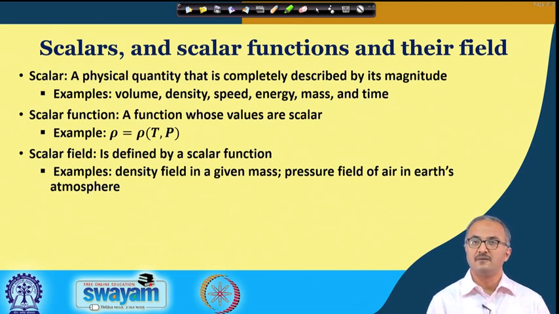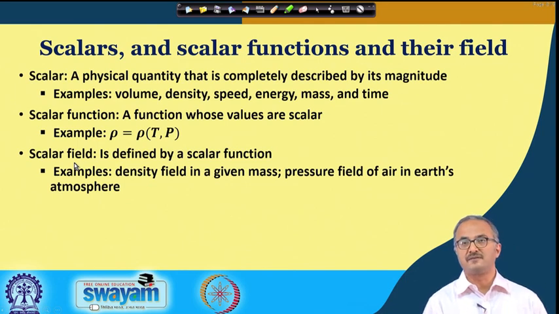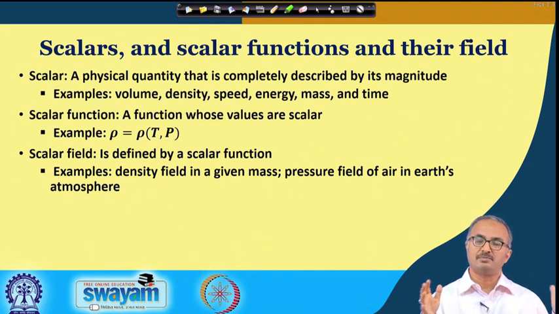Whenever we put the scalar in terms of some other variables, then we have a scalar field, and this scalar field is defined by the scalar function. For example, if we are considering a certain area, a certain domain in space, it may so happen that at different spatial locations, the temperature and pressure may be different.